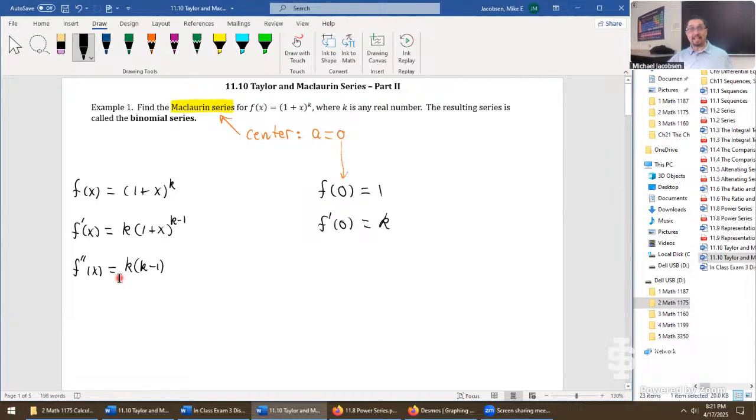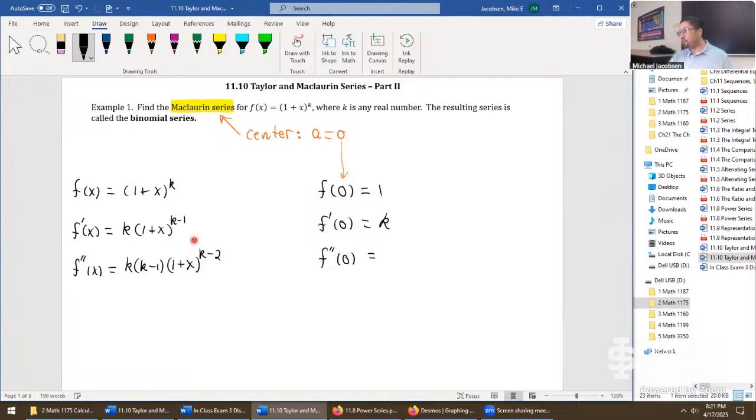But this is like the next closest thing. It's operating like a factorial. So k times k minus 1, 1 plus x to the power k minus 2. K could have been any real number, and if it was an integer, we might be looking at factorials here legitimately. Much like the natural logarithm problem, that's where factorials were coming up.